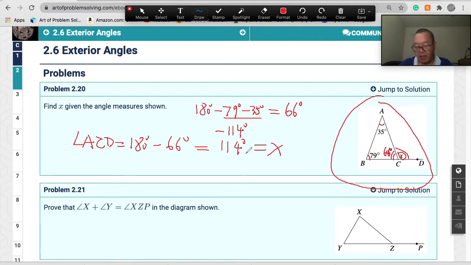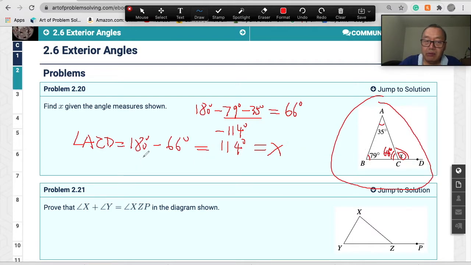So this is the normal way to calculate this. Actually, here we have a shortcut. You compare this x with the sum of these two angles. You can see this x also equals the sum of these two angles, which is 114.